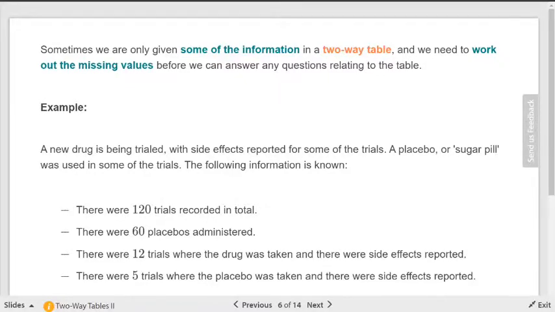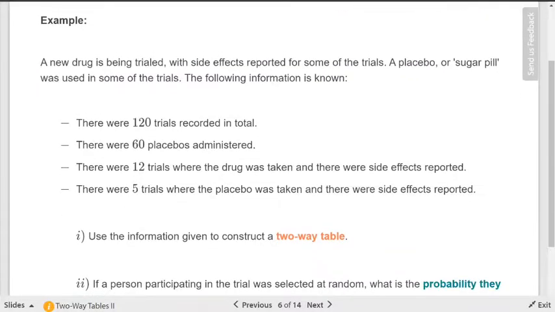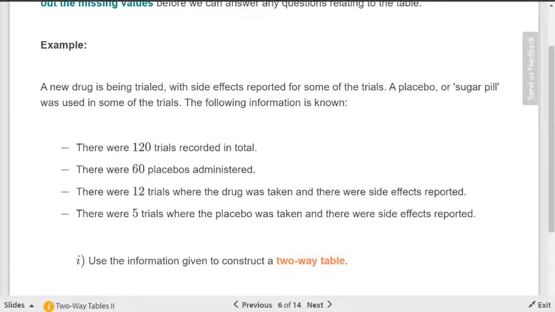So in this case, they just give us a list of information and they want us to construct a two-way table. Okay? So I'm going to do that. It's going to be kind of messy for me here because I don't have that much space. A new drug is being trialed with side effects reported for some of the trials. Some of the trials. So does that mean all of them had side effects?